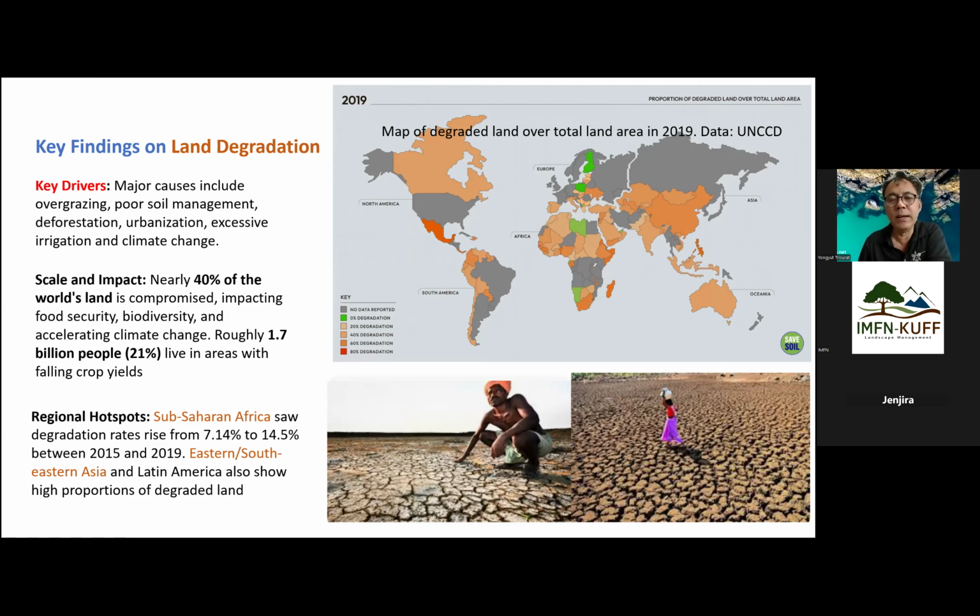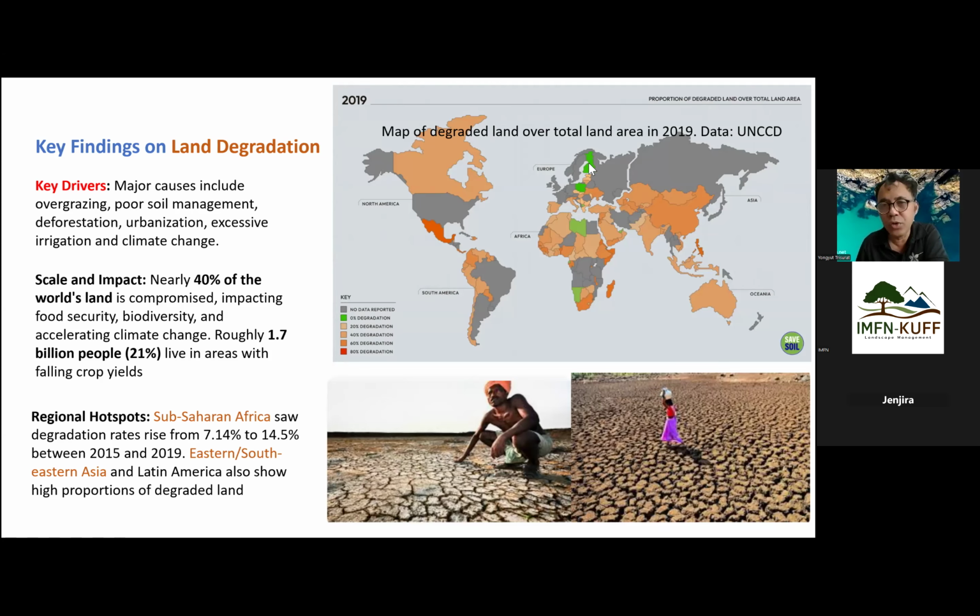It means that the country either did not report or is not a member of the UNCCD. For example, the US, in fact, has a lot of rich information, but the US is not a member, so they do not report it.